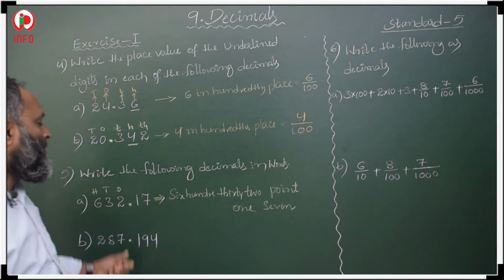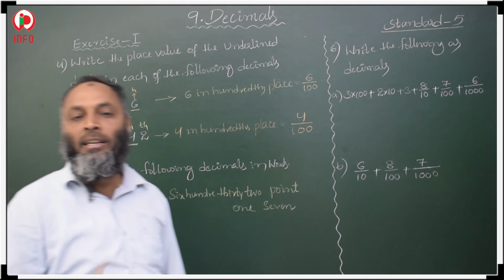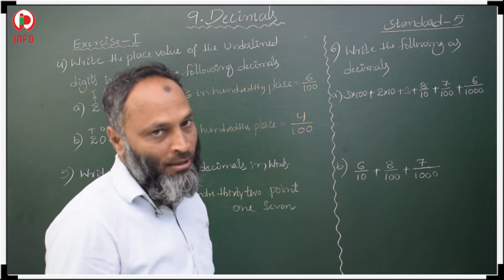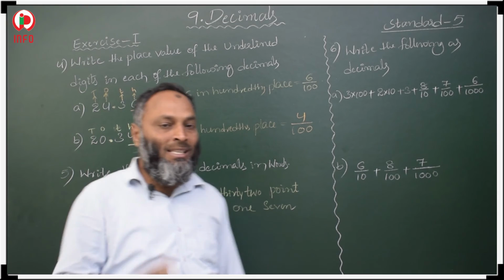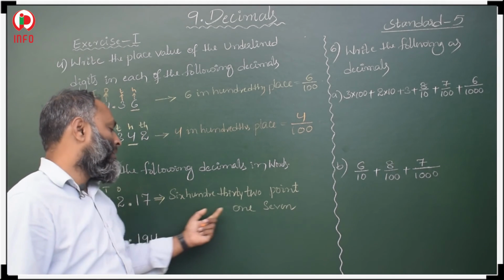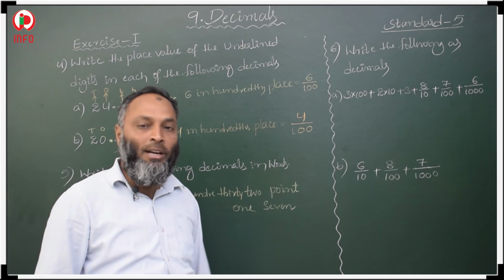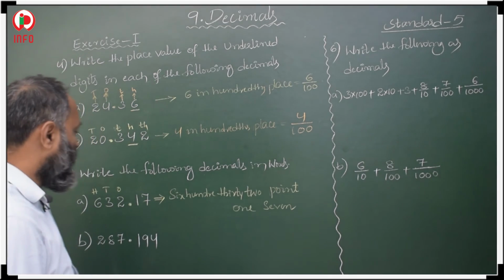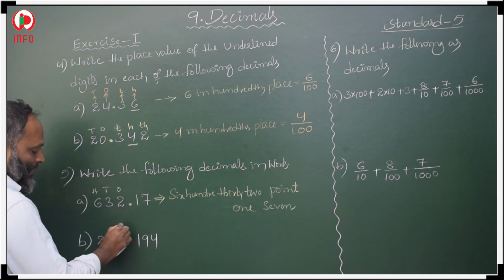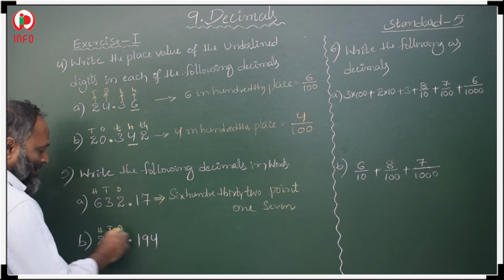Don't write it as 17, that is wrong. After the decimal, whatever digits are there, we should write the number names individually, like 1, 7. Here next, this is ones place, tens place and hundreds place.